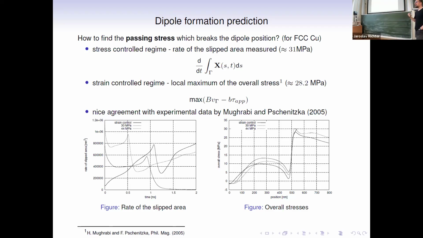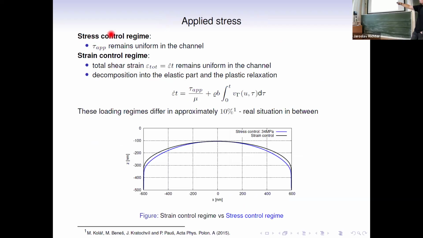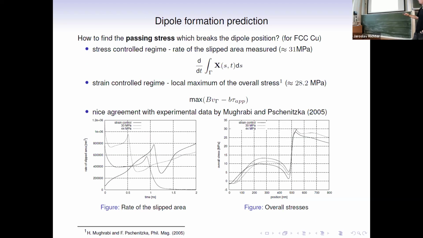So we tried to tune our model and evaluate the passing stress in face-centered cubic copper under two loading regimes, as I have spoken: stress control and strain control. Just to remind, in this one, the uniform stress in the channel, and in the other, the applied stress calculated from the total shear strain and the plastic relaxation.